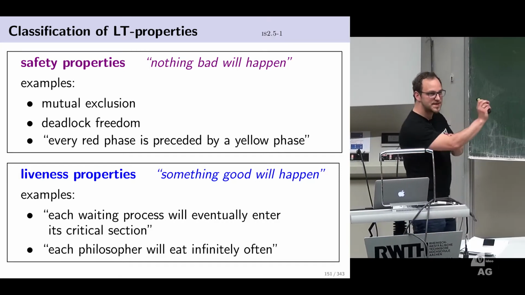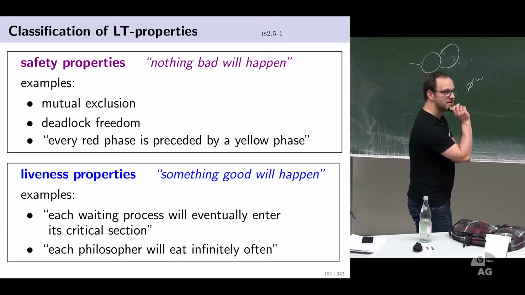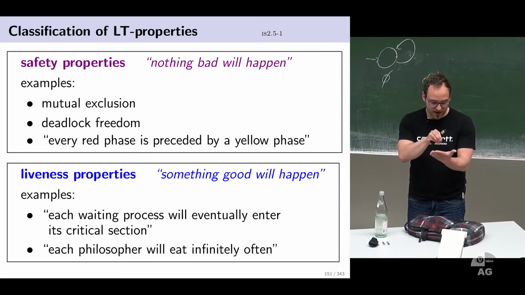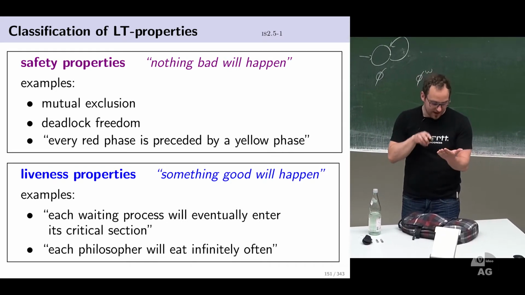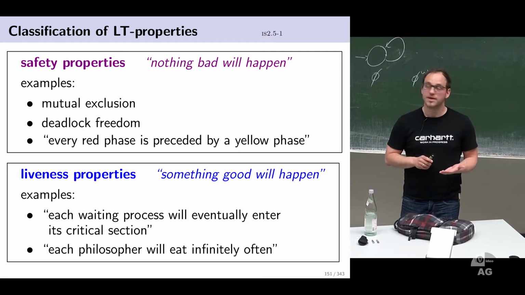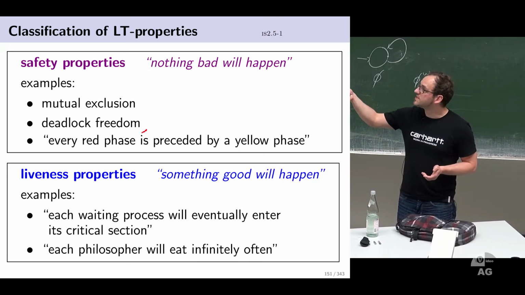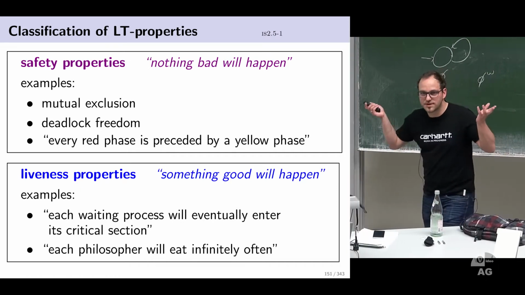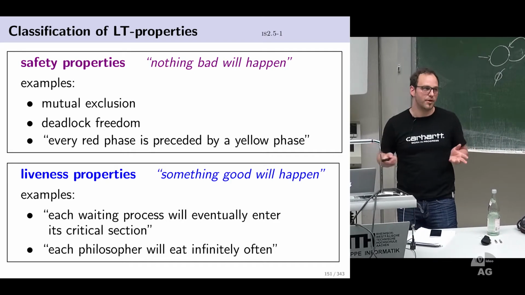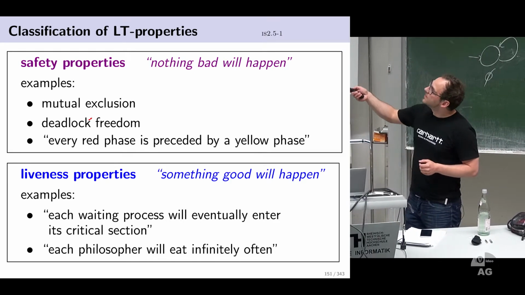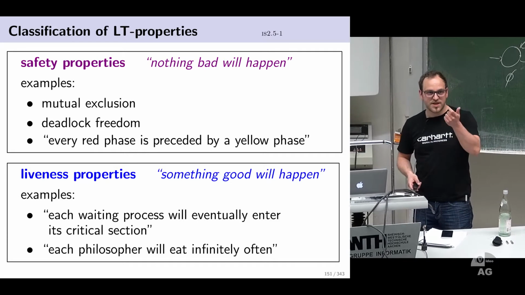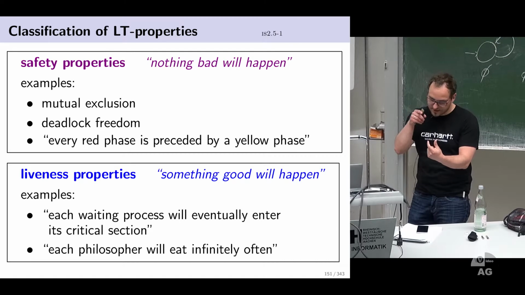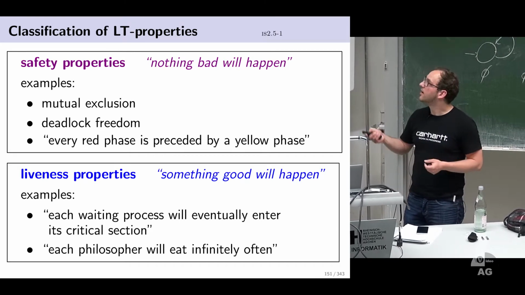I can look at one state and say, does it violate my property somehow or does it not? I can look at one reachable state and say, because this state is reachable, the property is not satisfied. If there is a single state where we have crit 1 and crit 2 in the labeling, it means mutual exclusion is violated, or you can forget about it. Deadlock freedom means give me a reachable deadlock state, and just by looking at this one reachable state, I can tell you your property is not satisfied.